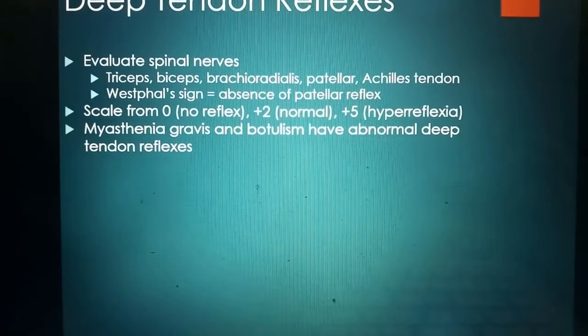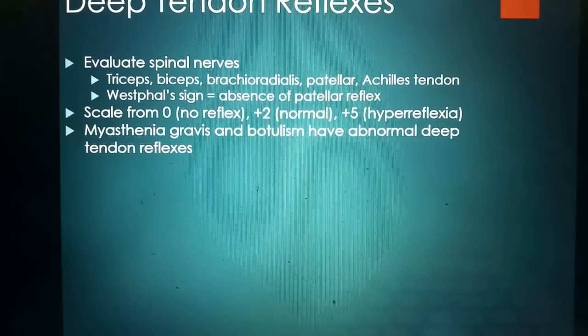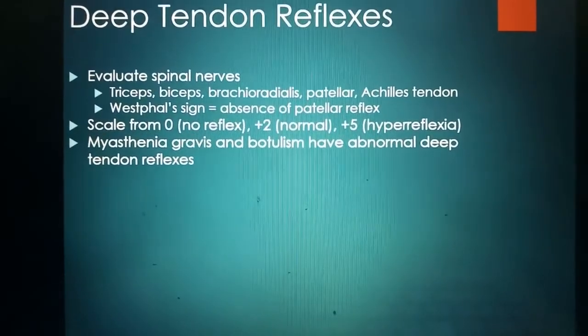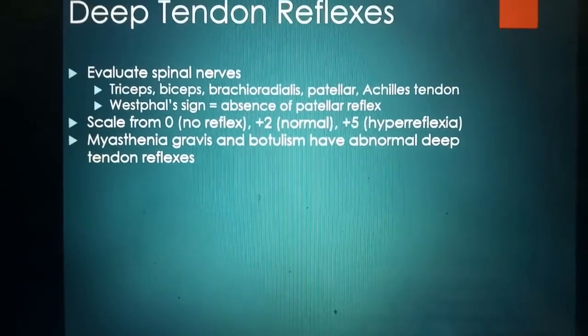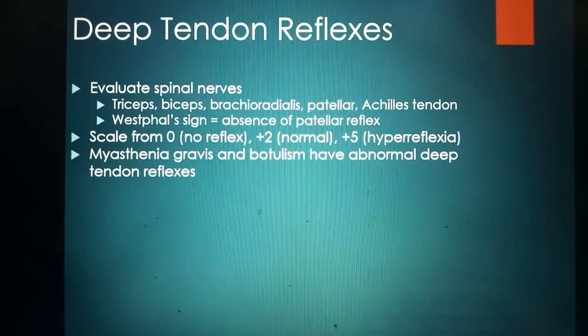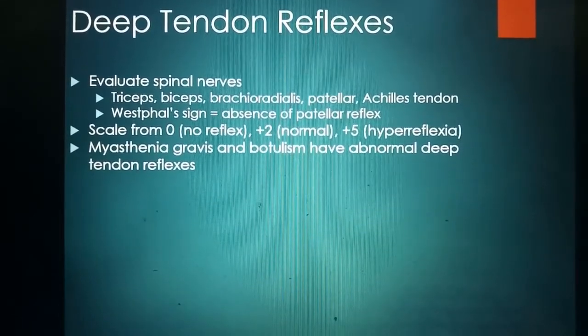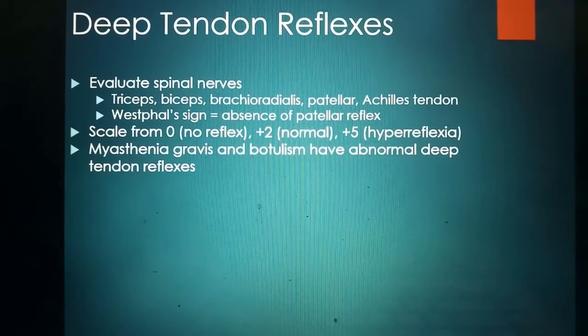Okay, deep tendon reflexes. Triceps, biceps, brachioradialis, patella, Achilles tendon. These are all deep tendon reflexes. You can test using a knee hammer and other methods. If there is no reflex, you give a score of 0. If it is normal, you give a score of +2.